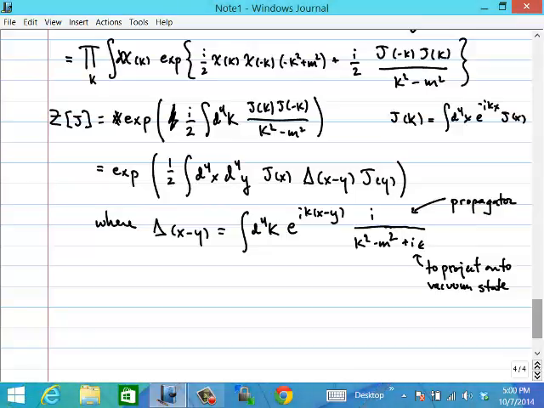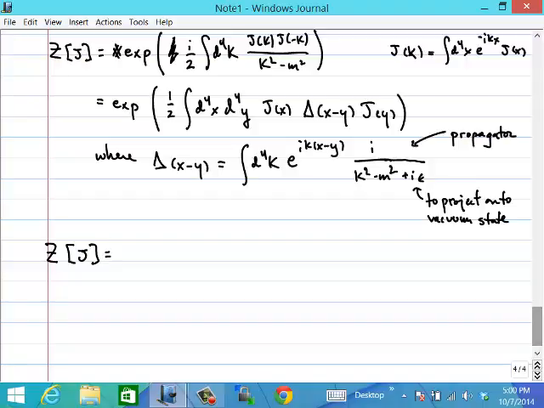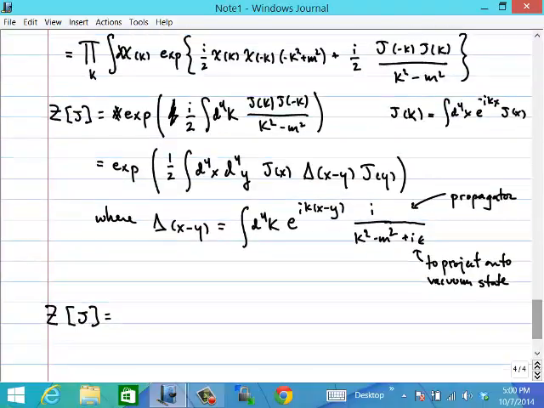Or, if you wanted to use the language of Feynman diagrams, what we could do is introduce another symbol to describe a source. Each source will be denoted by a solid dot, and the statement that we connect two dots by a line is the statement that those two sources are connected by this propagator here.